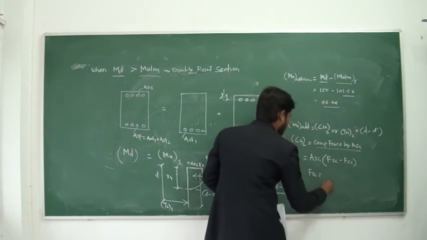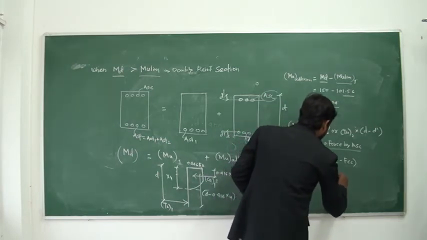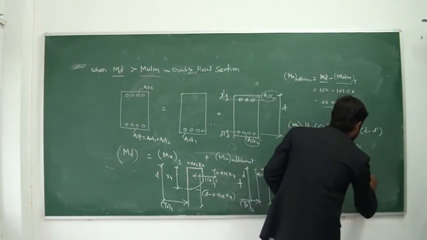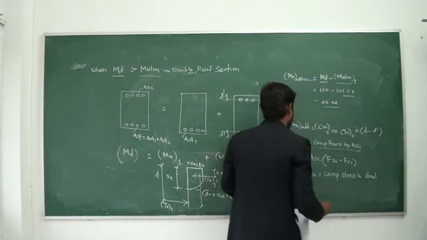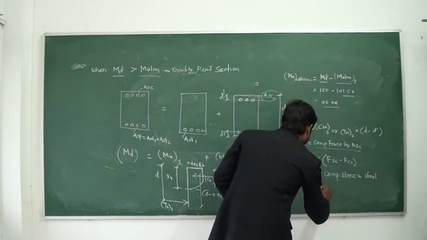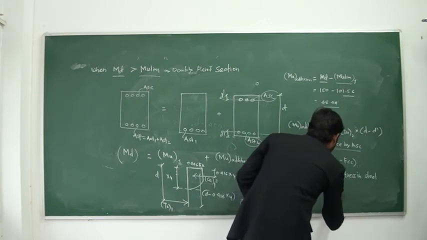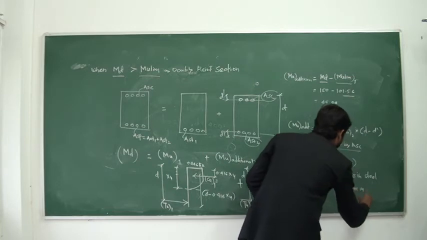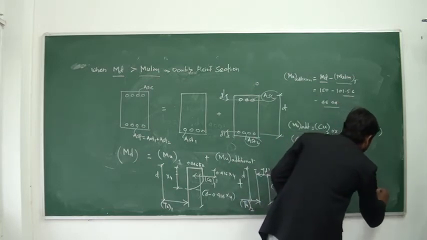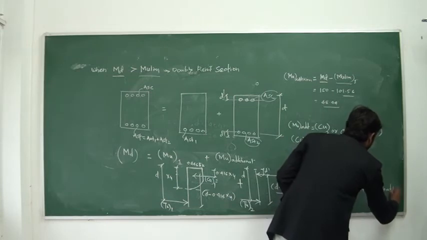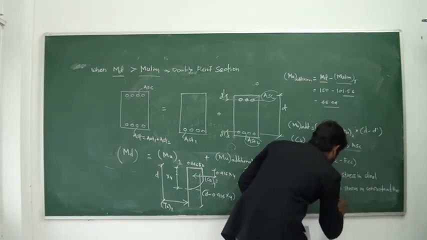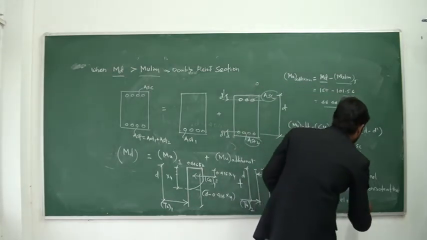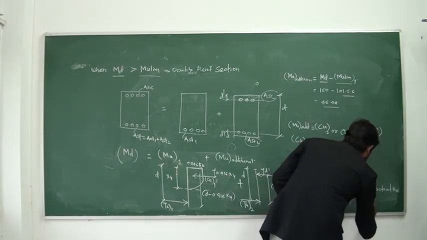FSC is compressive stress in steel, and FCC is compressive stress in concrete at the level of compression reinforcement.